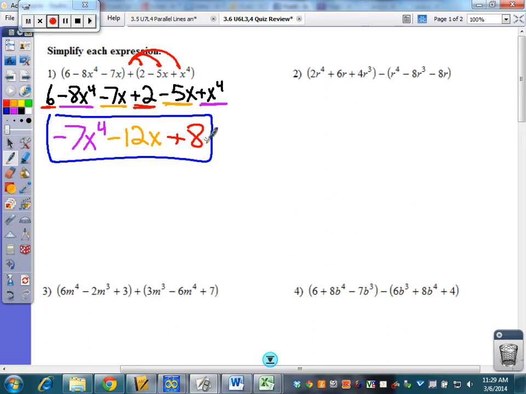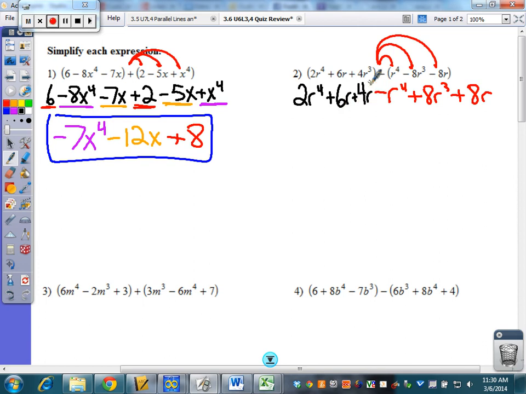So for number 2, we notice that we're actually distributing a negative sign. So negative times r to the fourth, negative r to the fourth. Negative times negative 8r cubed, positive 8r cubed. Negative times negative 8r, positive 8r. And then we just bring down what we already have: 2r to the fourth plus 6r plus 4r cubed.